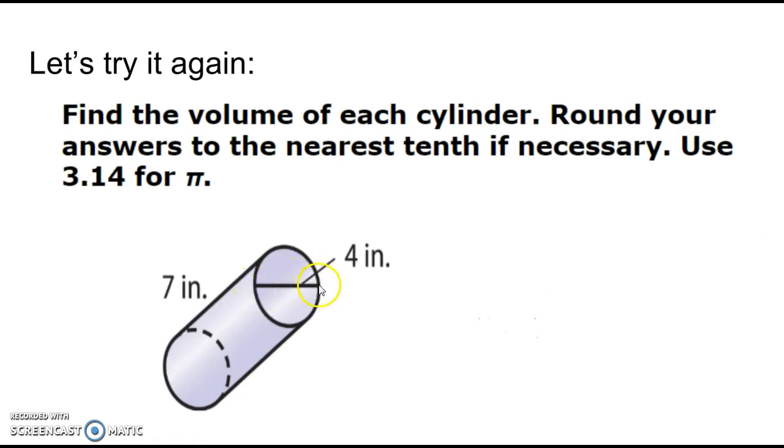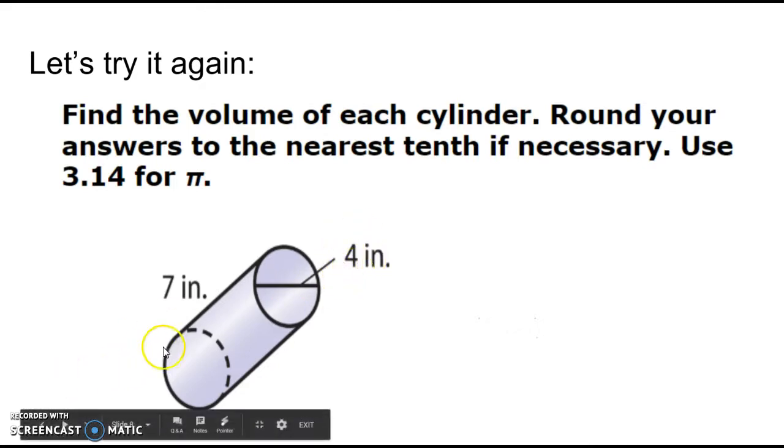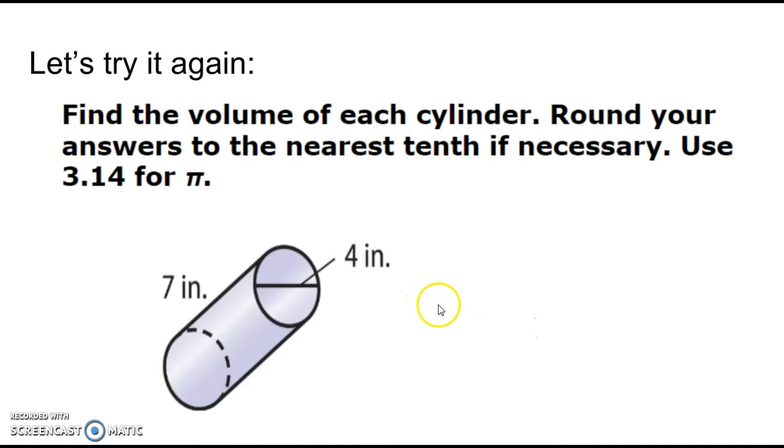This picture is showing us the diameter. So that would mean the radius would be half of 4. So your radius is 2. And then the height of this cylinder is 7 inches. So in your calculators, you can put pi times 2 squared times 7.